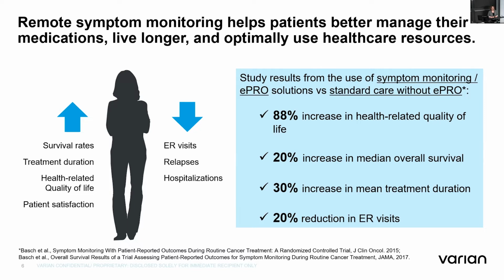For the clinic, it will also enable to lower the ER visits and relapses of the treatment, which will reduce the cost for the clinic. So it has benefits for the patient and for the clinics. And that's why more and more cancer clinics around the world adopt that kind of tool.